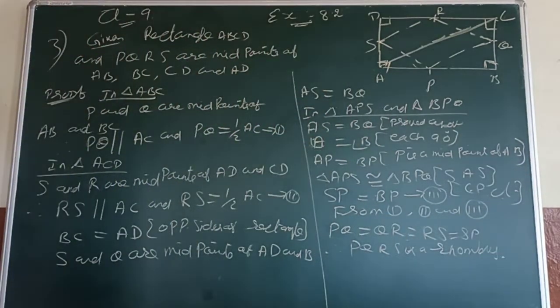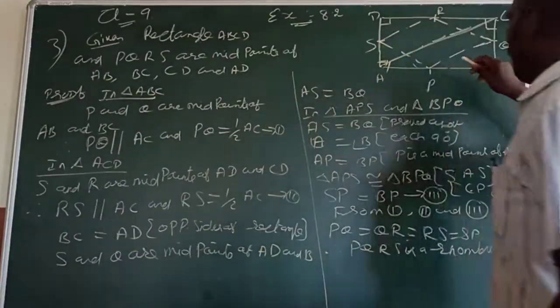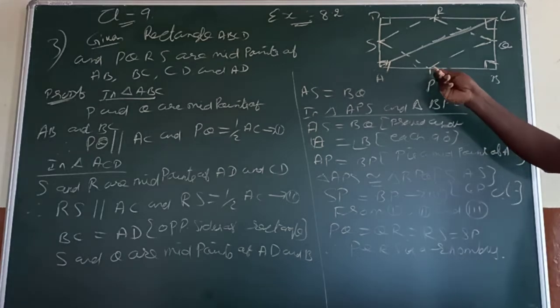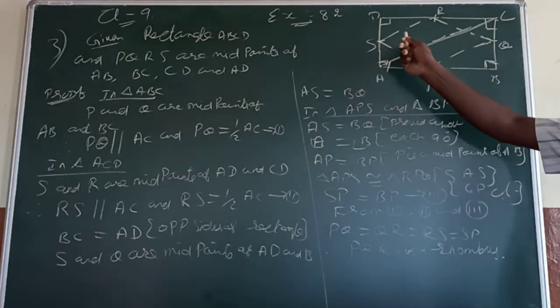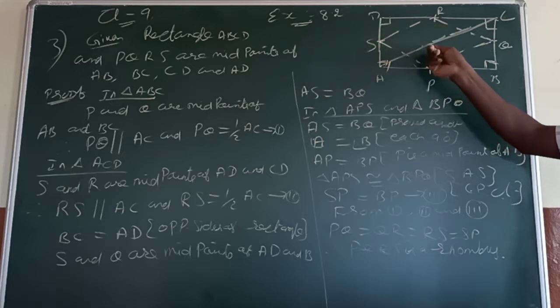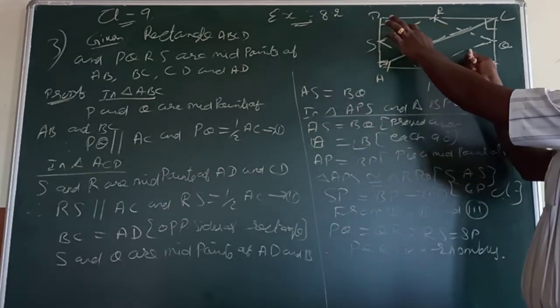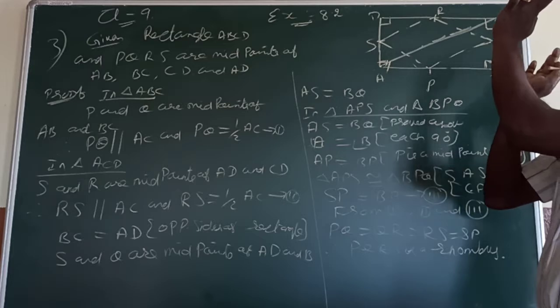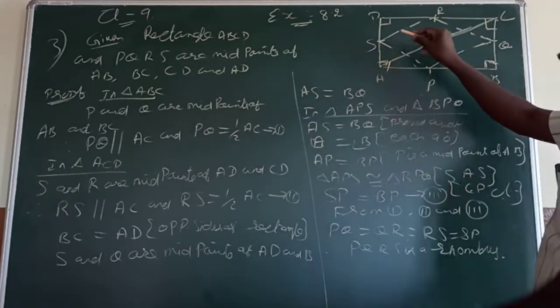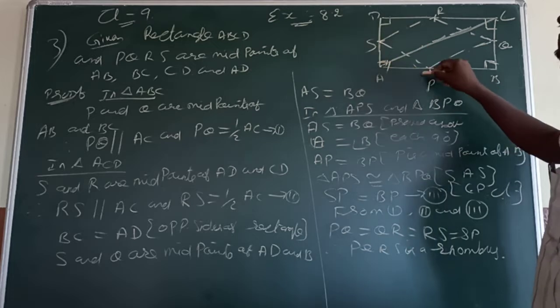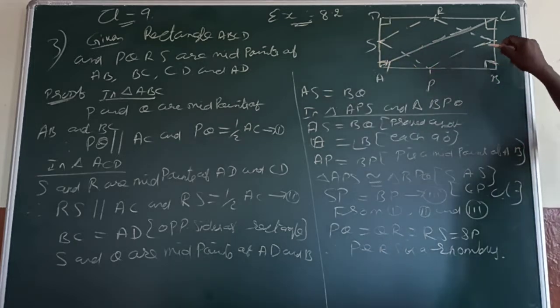Okay children, listen once again. PQ is half of AC, RS is half of AC, that means PQ and RS are equal. Again, triangles SAP and PBQ are congruent.